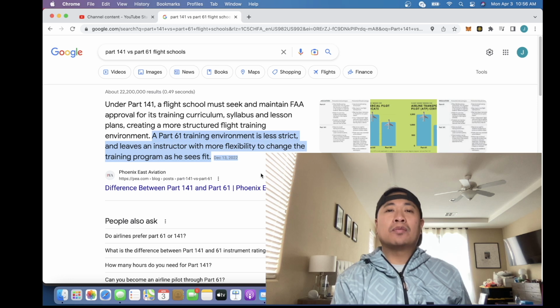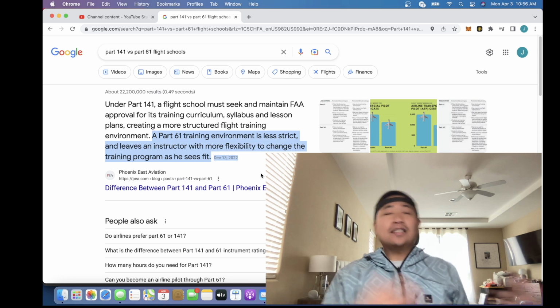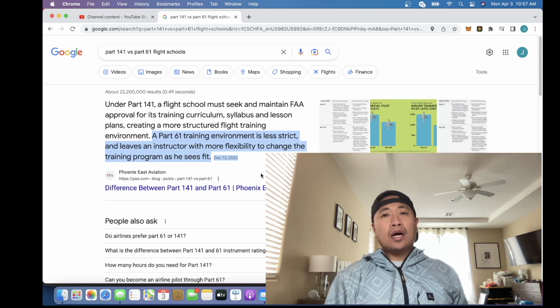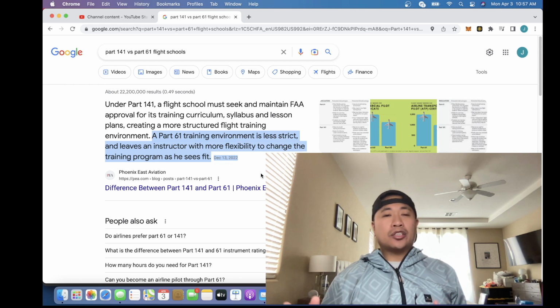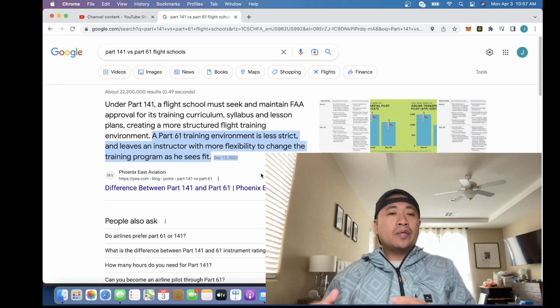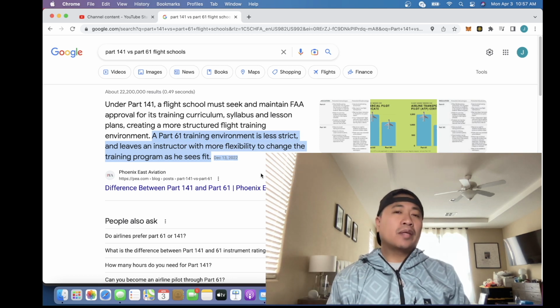Part 61 is more for the person who maybe has another job already, or doesn't really like the structure, or is trying to do this on weekends or nights, or every other day because they work Monday, Wednesday, Friday. So you can see the difference between the two.